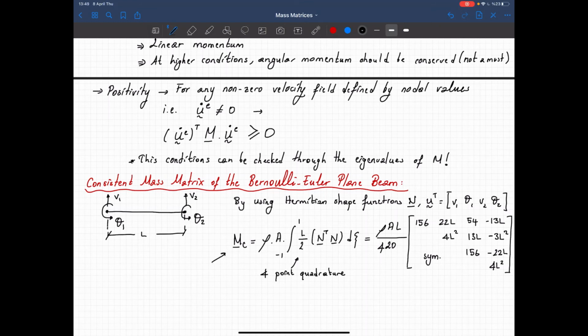And this matrix satisfies or conserves both linear and angular momentum.